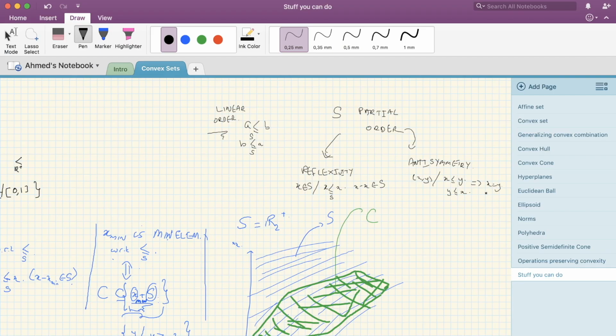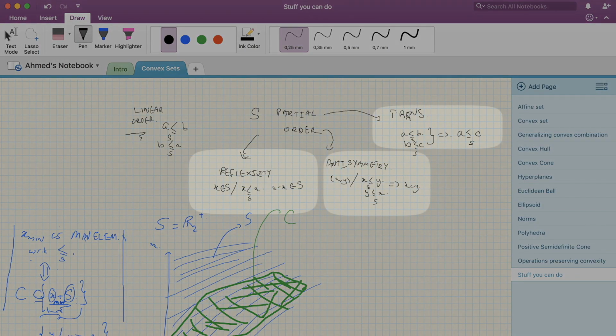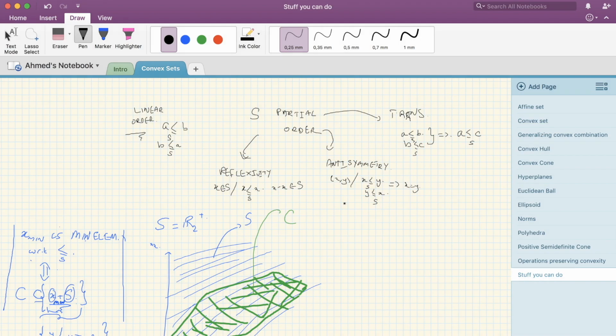And last but not least, the transitivity property. What that means is, if you pick any a less than b and b less than c, then, as intuition might tell you, a is less than c. If you have all three, then your S is said to be a partial order.